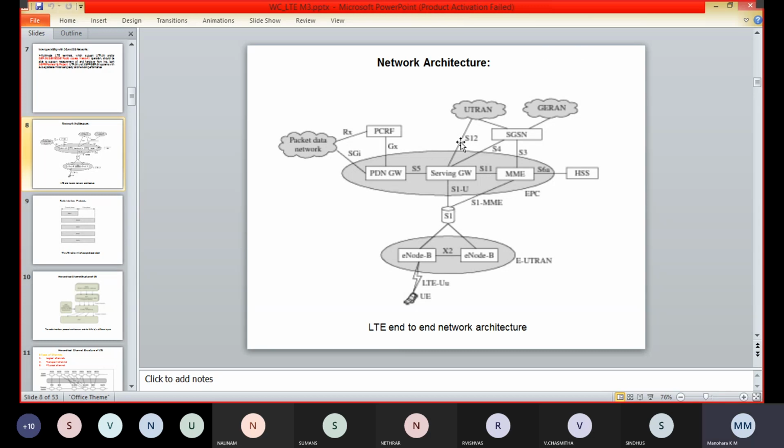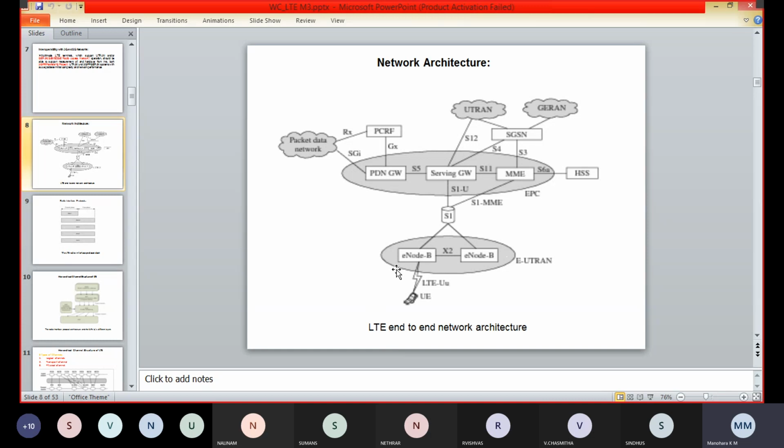The next layer after that is the eNode B, the enhanced or evolved Node B, which is called the base station. Here the eNode B terminates the air interface protocol, and is the first point of contact for the UE, that is the user equipment.